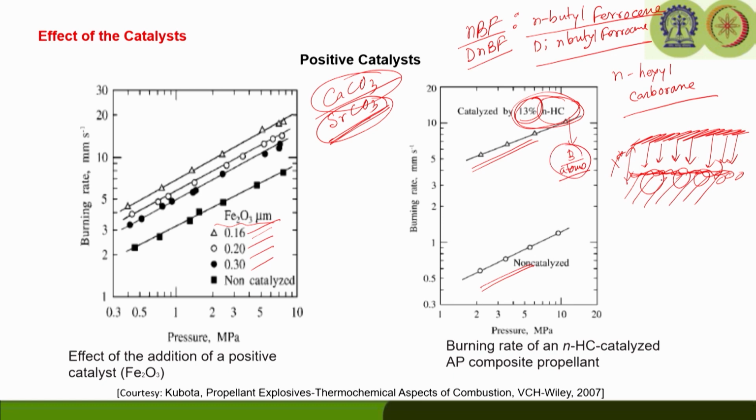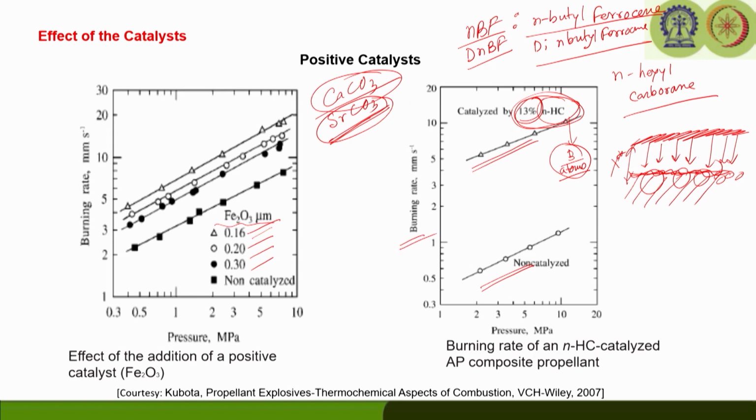That further helps decompose the ammonium perchlorate and the polymeric fuel binder, which in turn increases the oxidizer species and fuel species that will eventually burn in the gas phase, and that will eventually increase the burn rate.